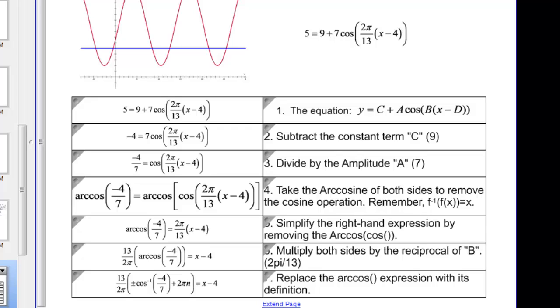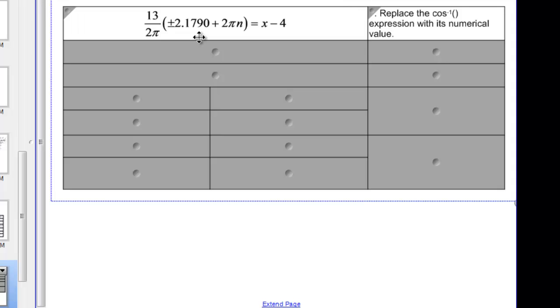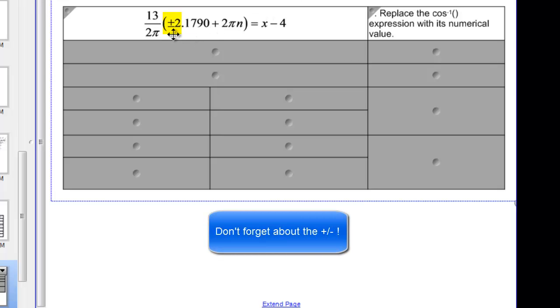From here we're going to replace the inverse cosine expression with its numerical value. If I take out my calculator and ask for the inverse cosine of negative 4/7, I will get 2.1790. So I replace that value with 2.1790. Don't forget to leave the plus or minus here.